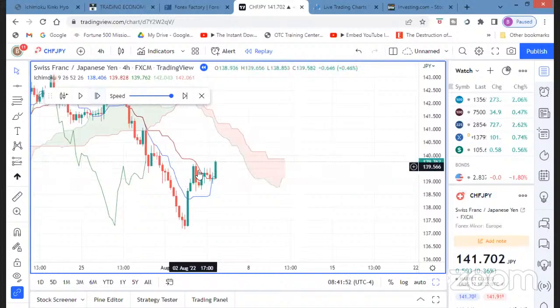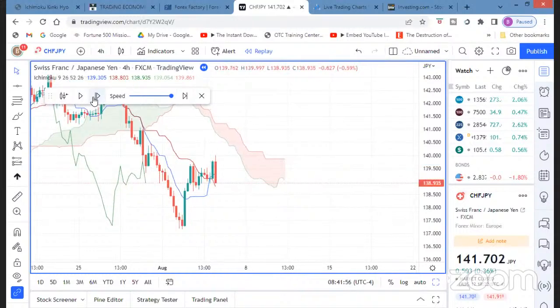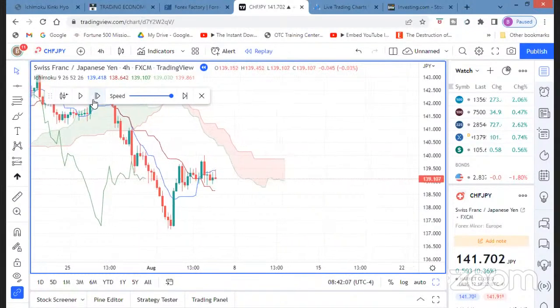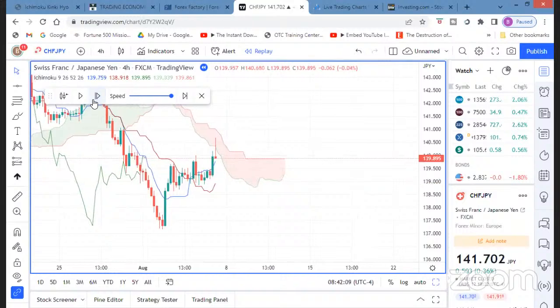All right. See it starting to cross. See how this is pulling closer? We're getting a break.